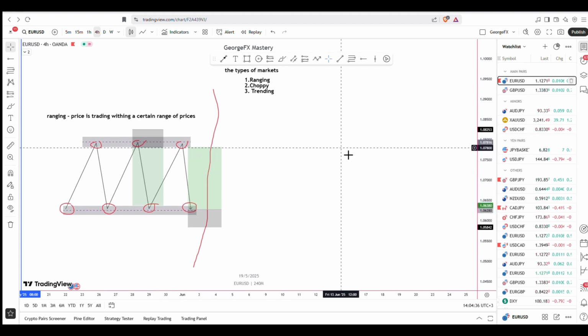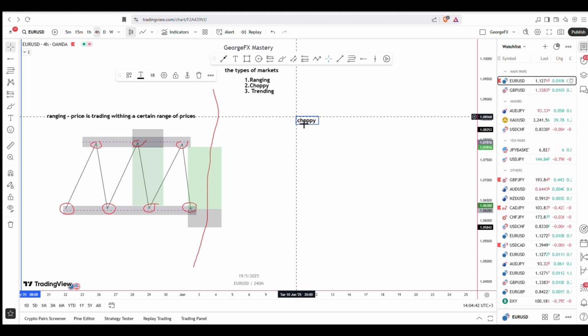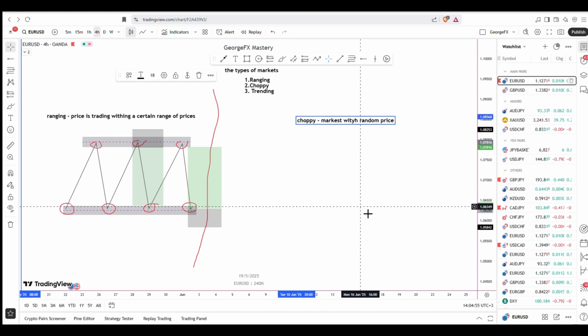So the next type of market will be choppy markets. Choppy markets can be confused with ranging markets, but ideally choppy markets are markets with random prices. These are markets where you cannot clearly understand what price is trying to do. Price is neither trying to buy nor trying to sell.